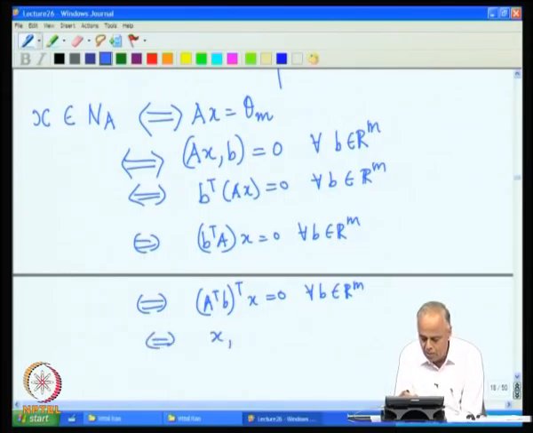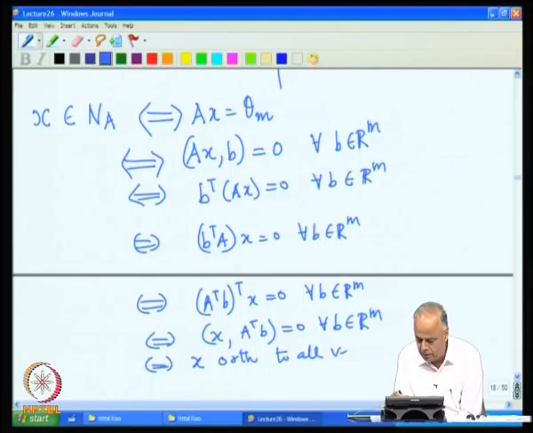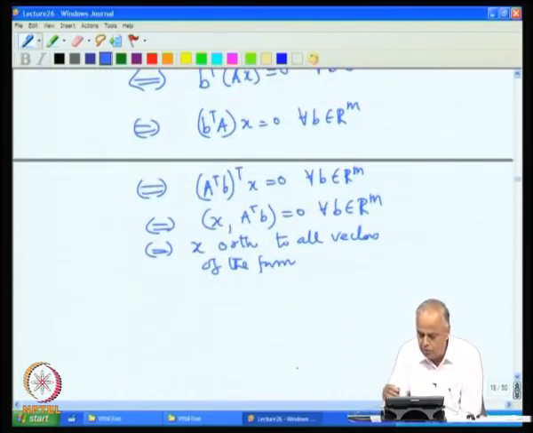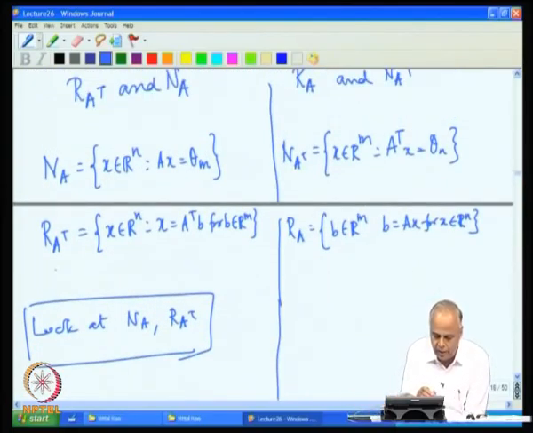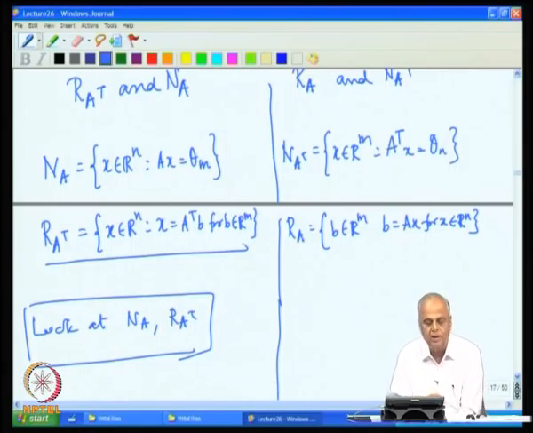So, x comma A transpose b is equal to 0 for every b in R m. That is, if x is orthogonal to all vectors of the form A transpose b, b belonging to R m. But if you now look at the definition of the range of A transpose, that is precisely the definition.